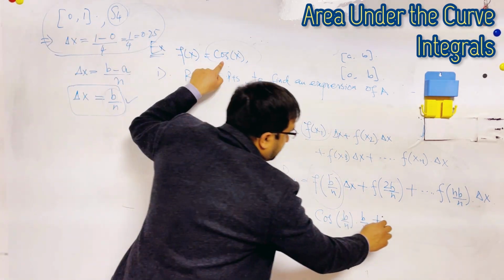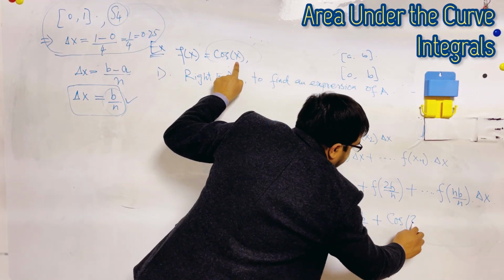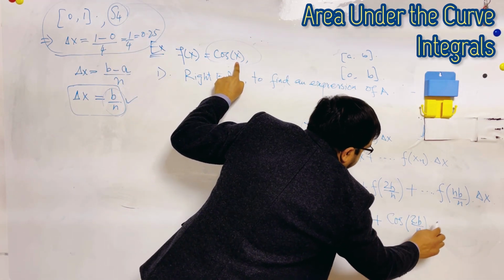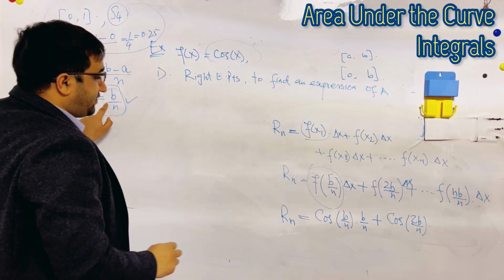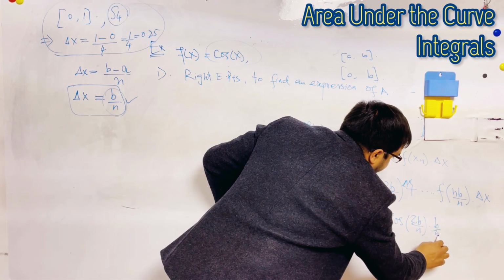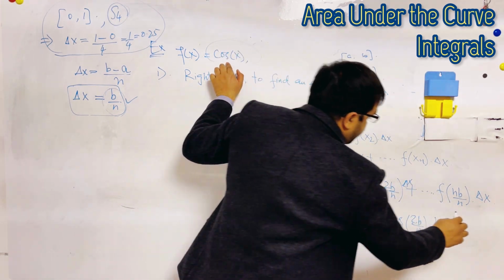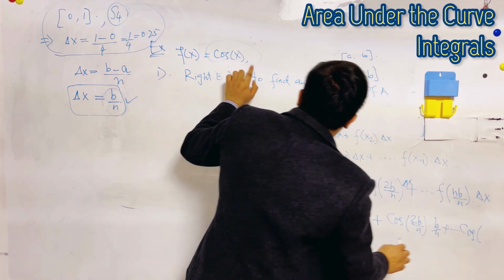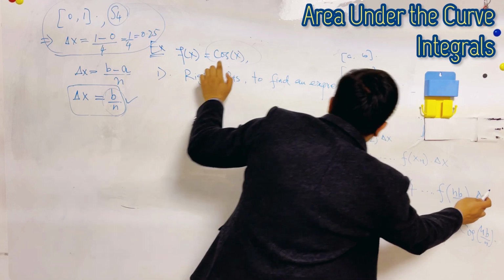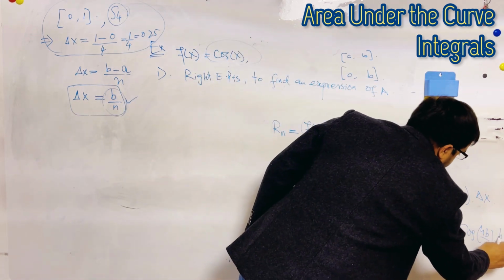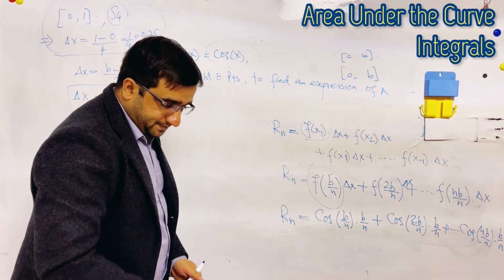What is the function? Cos. What is the value? 2b divided by n, into delta x. What is delta x? It is b divided by n, plus so on. Then the function is cos. What is x? nb divided by n, into delta x, b divided by n. This expression we got.